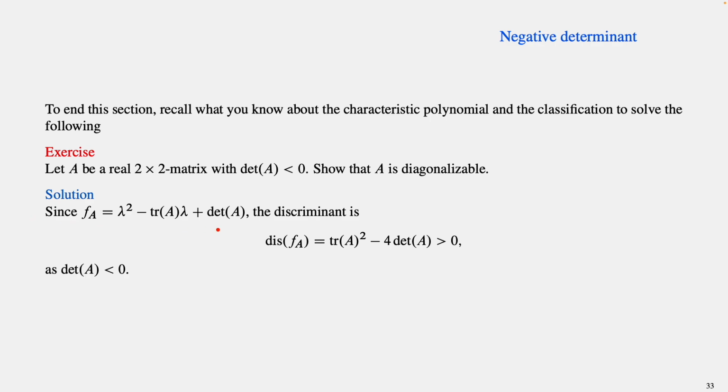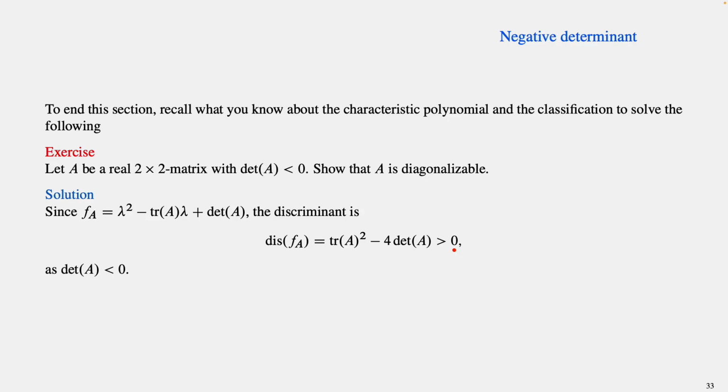We use our nice little formula for the characteristic polynomial, lambda squared minus trace A lambda plus determinant A. And then the discriminant of the characteristic polynomial is trace A squared minus 4 times determinant of A, and this is larger than 0.